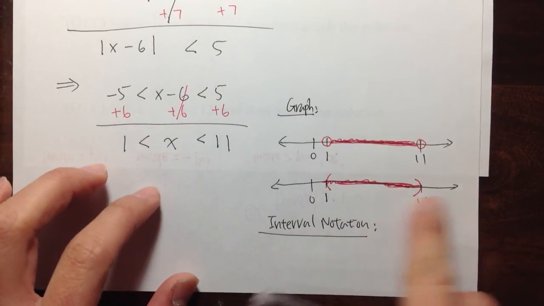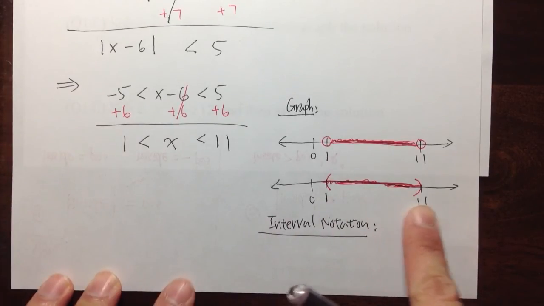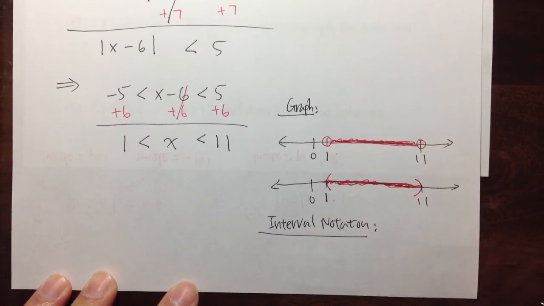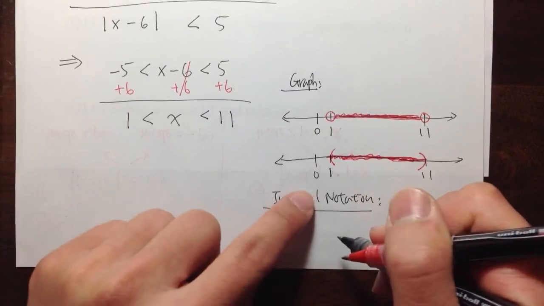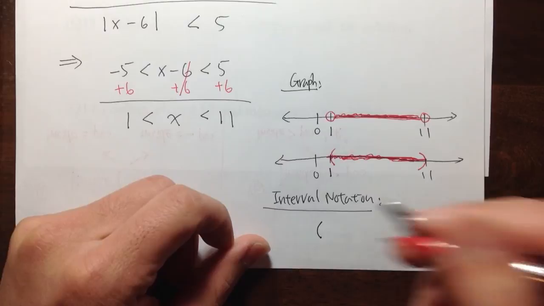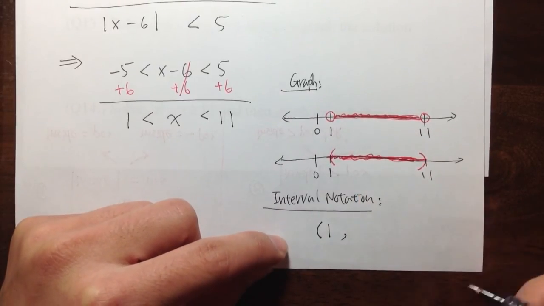If you use the parentheses on your graph already, then this is exactly what the interval notation is. Notice that we only have one piece of the interval, right? So to start with the interval notation, first of all, again, I don't want to include the 1. I'm going to use the parenthesis. The left point is 1. And then I'm going to put a comma.